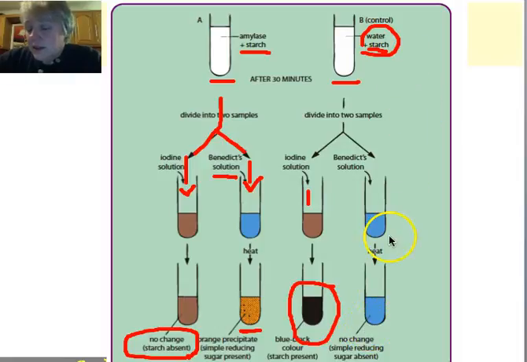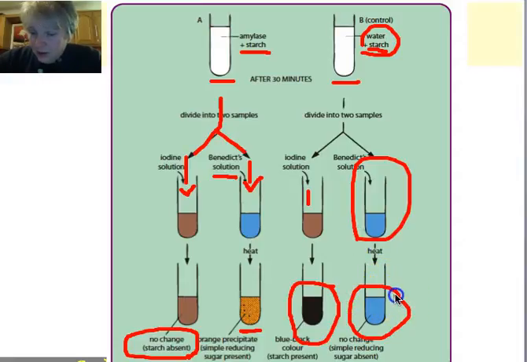And it's the same when you test with Benedict solution, there's no change in the colour because starch hasn't been broken down to maltose, so the Benedict solution doesn't change colour. So this is showing you that amylase works on starch.